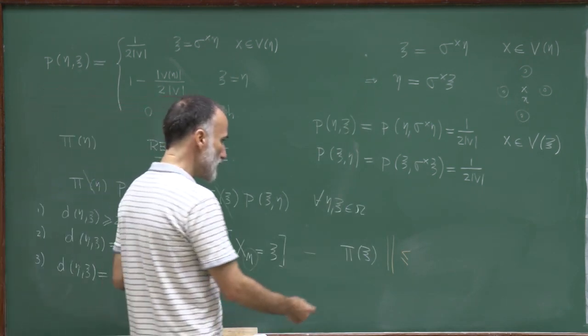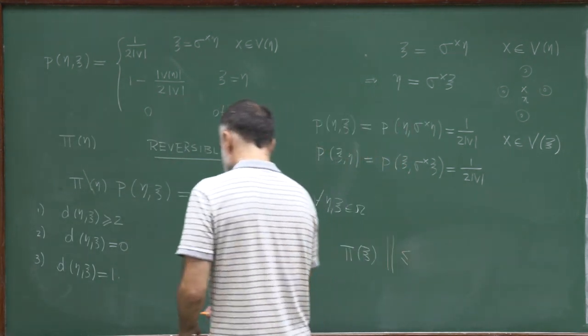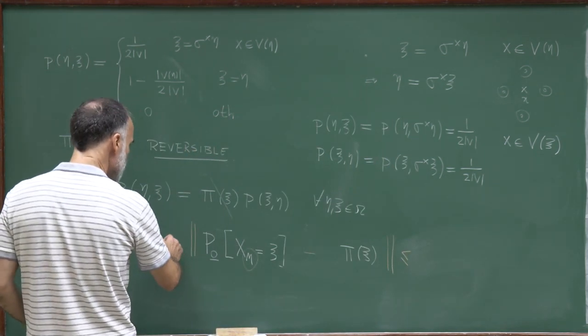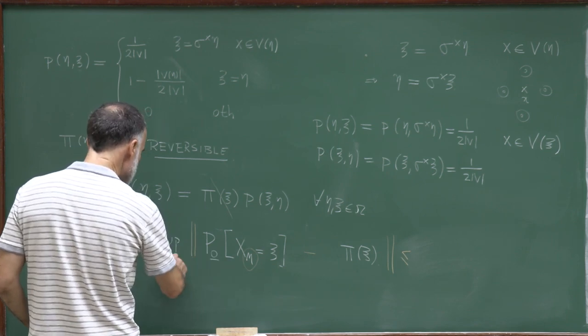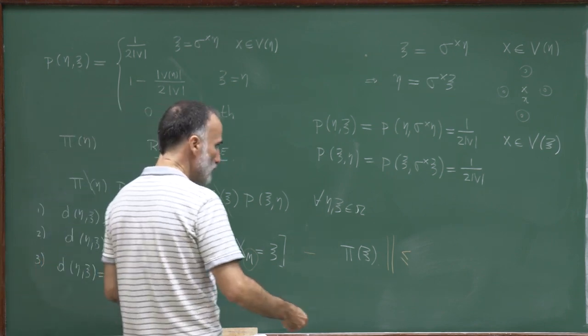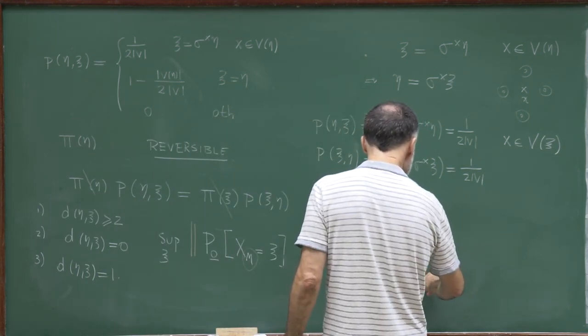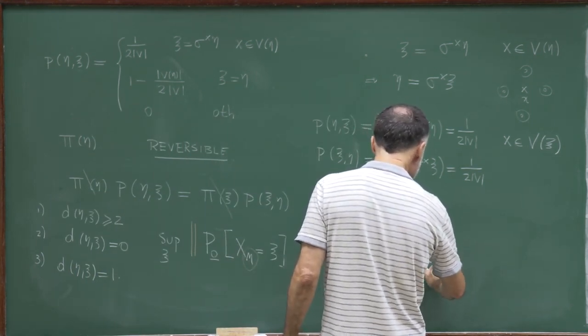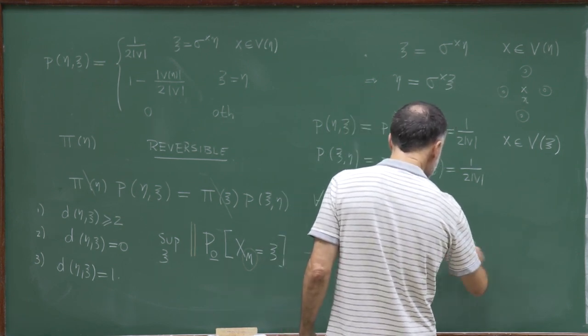We need explicit bounds on n, so we'll have to say that if you take the supremum over all xi's here, we have to provide how fast this decreases to 0. Is that polynomial in n? Is this exponential in n?